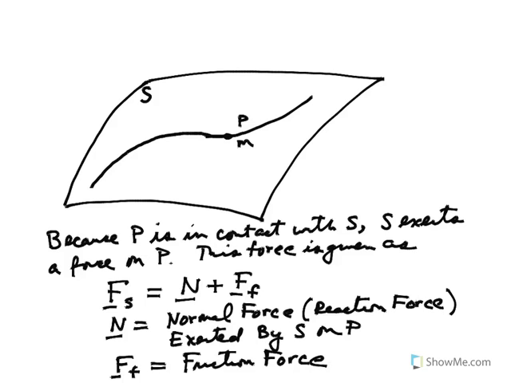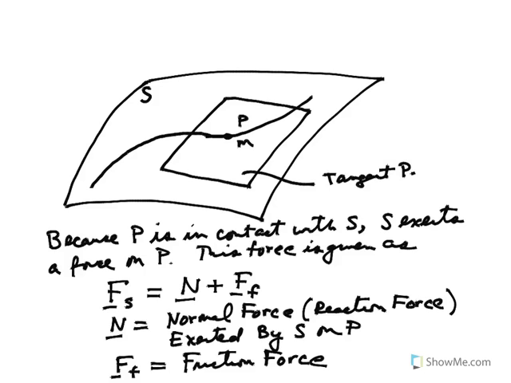Now, in order to see what these 2 forces are, I'm going to draw on this picture a plane, which is the tangent plane to the surface at point P. So this plane here is the tangent plane to S at point P. And I'm going to abbreviate that as TPS.